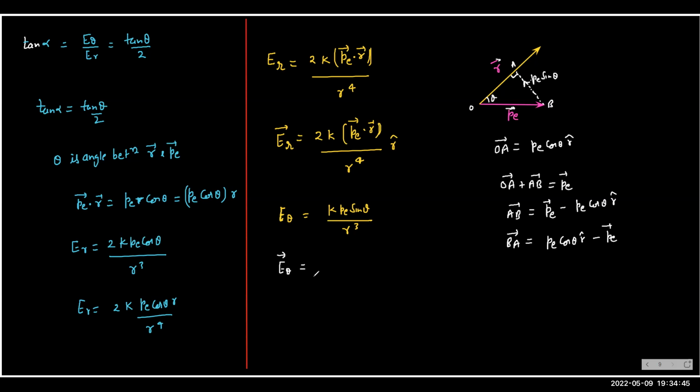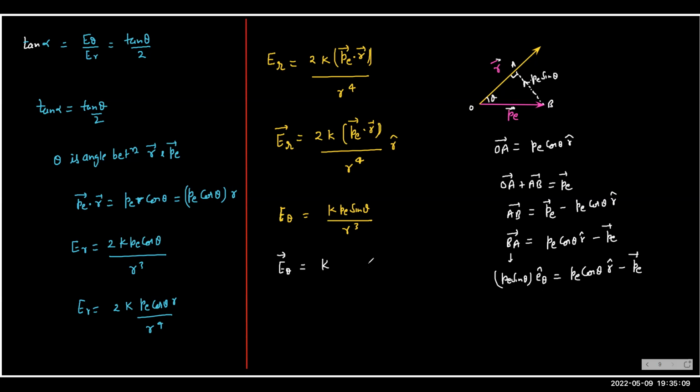So E theta will be how much? E theta will be k, and this is nothing but the p sin theta into the theta direction. So this is the very difficult way of writing the p sin theta vector.